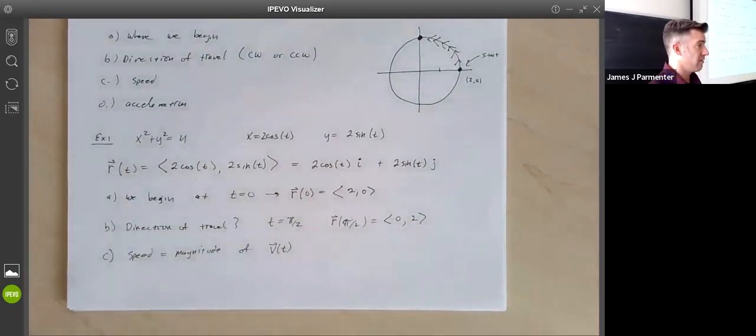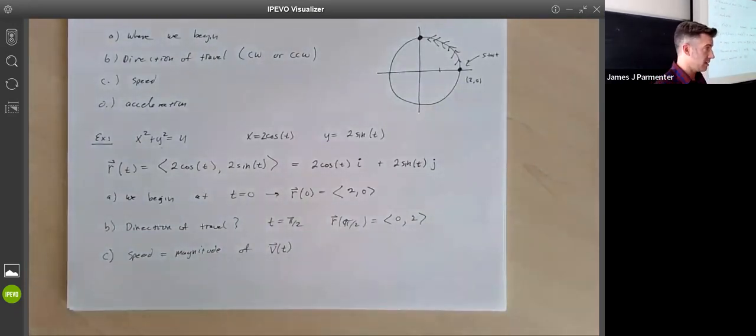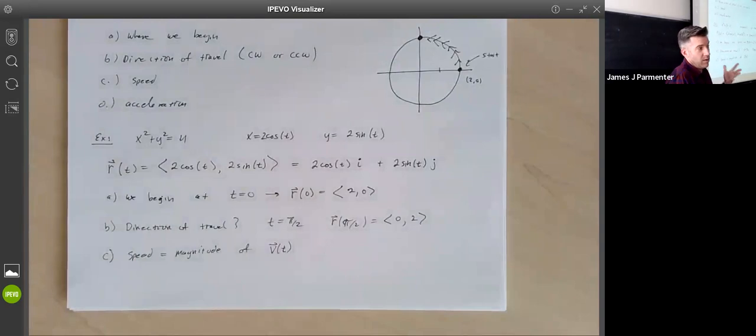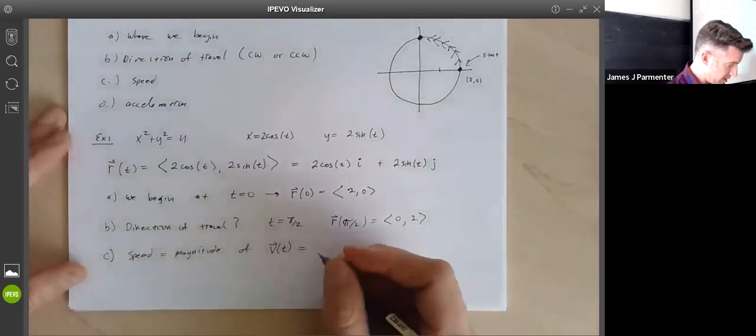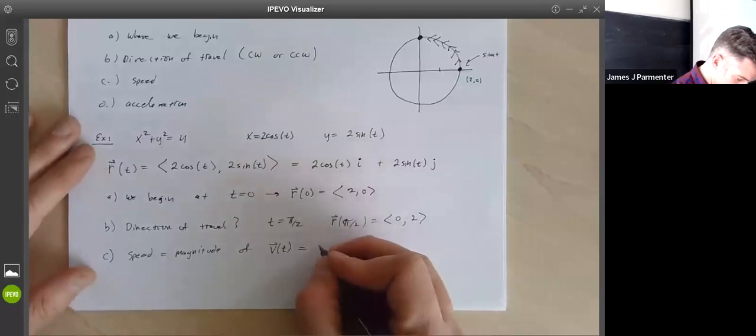Now, fortunately, the velocity vector is exactly what you think it is. Just like in regular non-vectory math, velocity is the derivative of position. So here, the velocity vector is the derivative of the position vector.